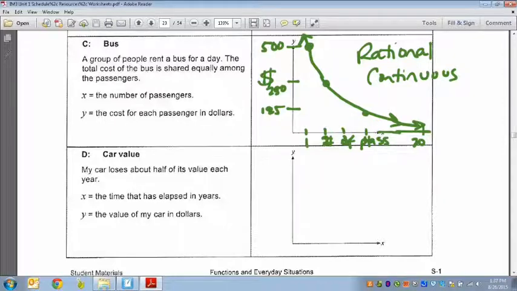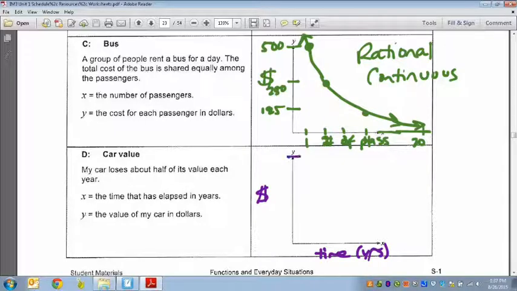All right, then the last one, the value of a car. Let's talk about that for a second. So my car loses about half its value each year. So again, X is time that has passed in years, or time in years. And the Y value is my car value in dollars.